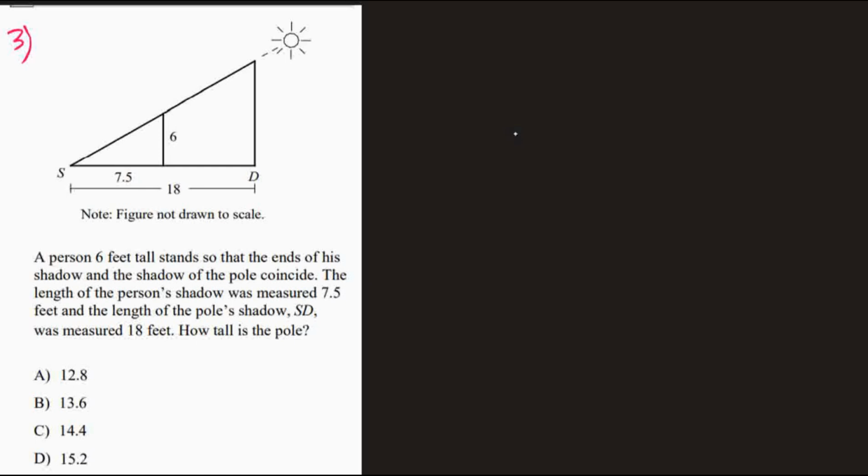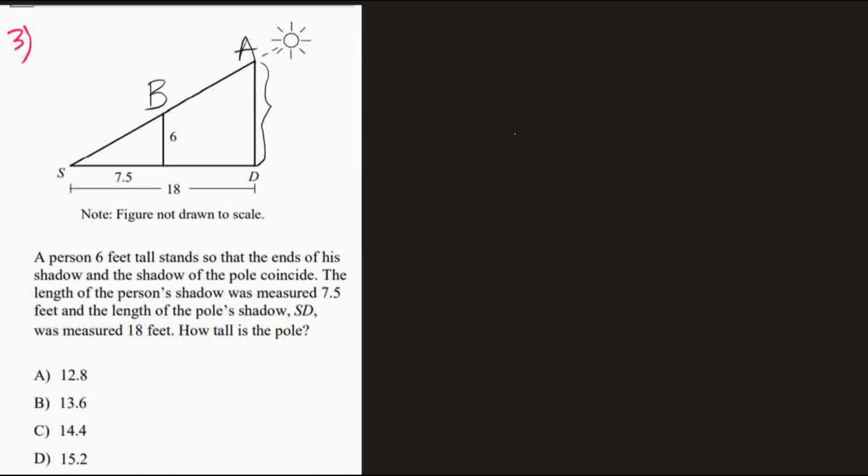The length of the person's shadow was measured 7.5 feet, and the length of the pole's shadow is 18 feet. How tall is the pole? So we are counting this part. Let's name this as A, S, D, and this one will be B.